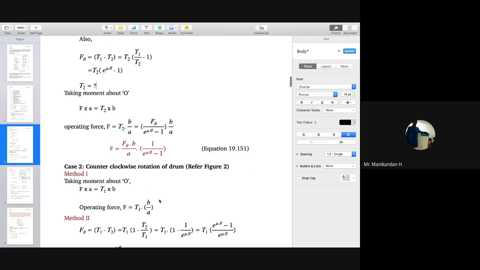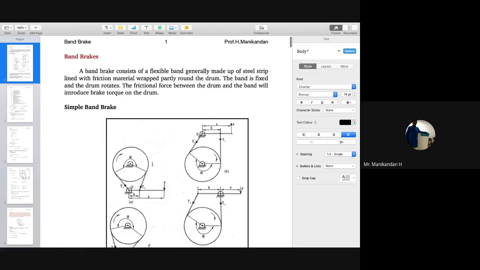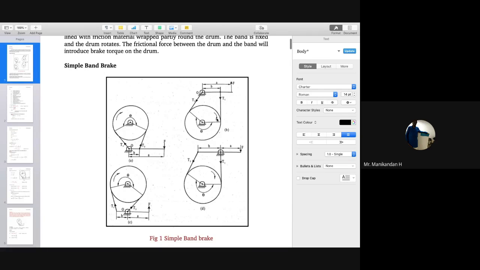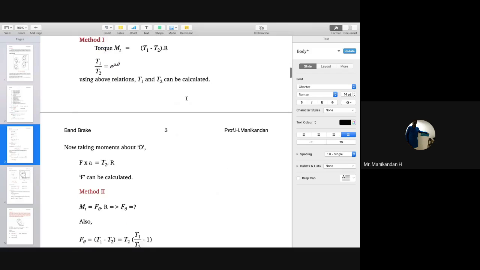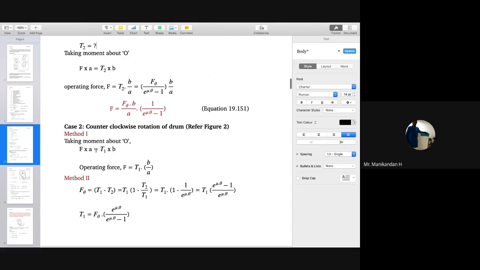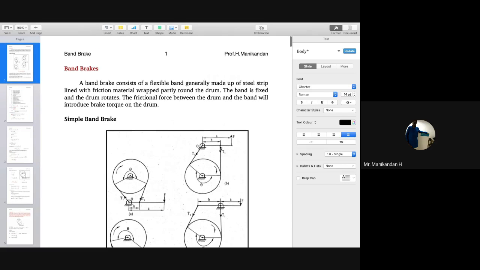Now, for counterclockwise rotation, this is a counterclockwise rotation, right? So F into a is equal to T1 into b.